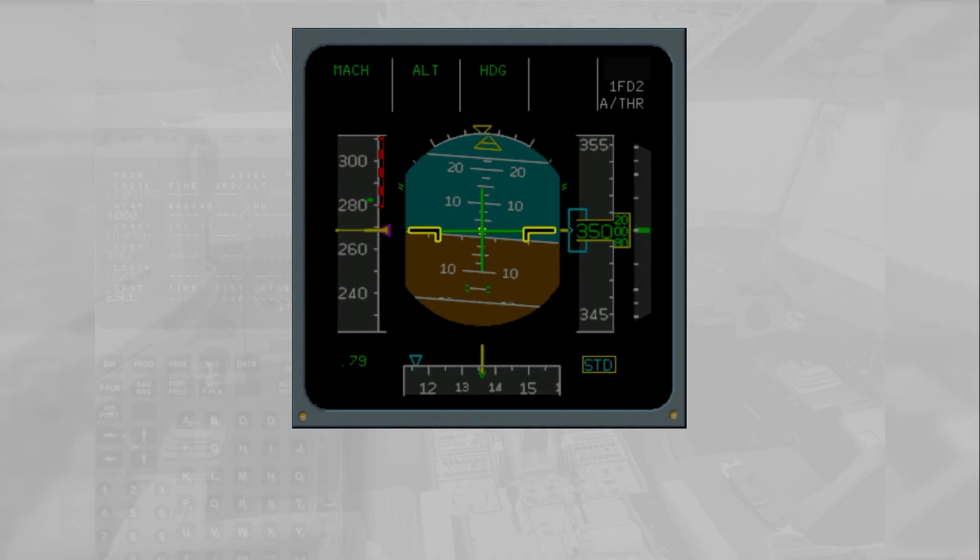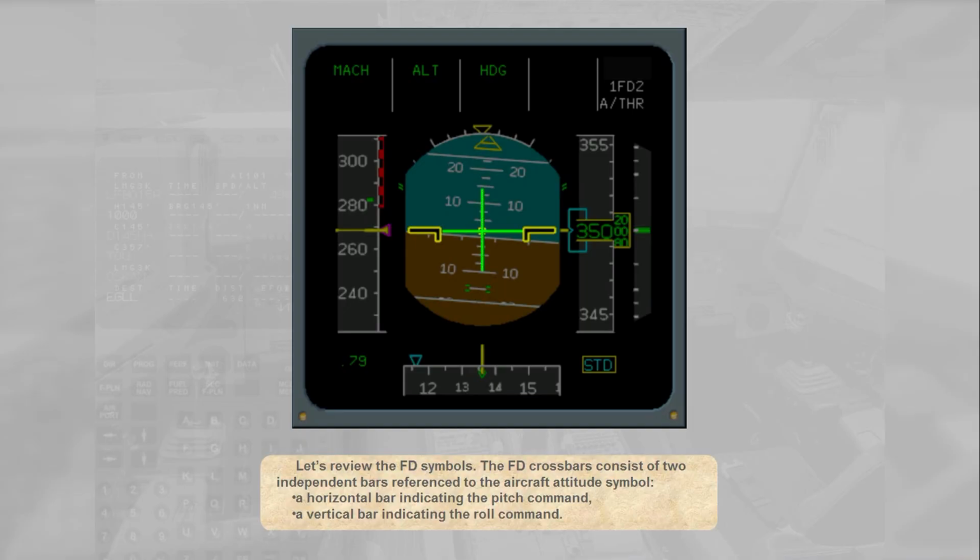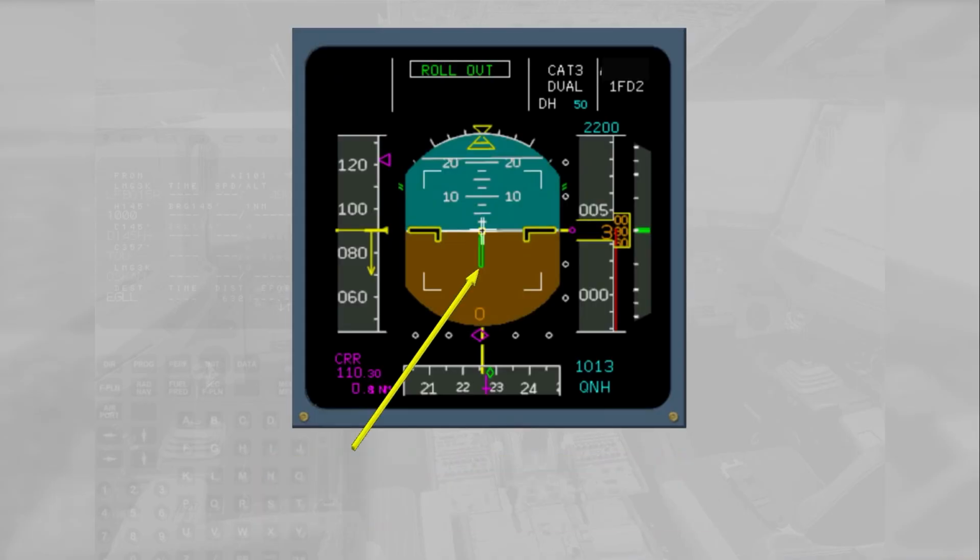The flight director crossbars consist of 2 independent bars referenced to the aircraft attitude symbol. A horizontal bar indicating the pitch command, a vertical bar indicating the roll command. The roll bar is replaced by a yaw bar index for takeoff and landing rollout purposes from an ILS-equipped runway.